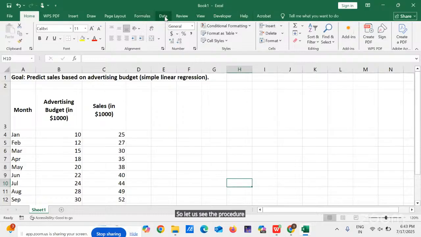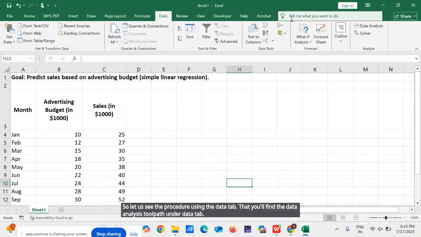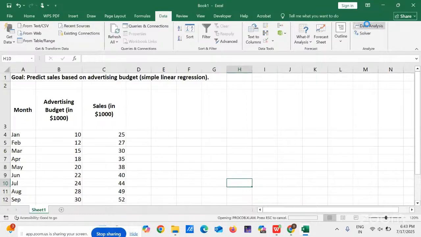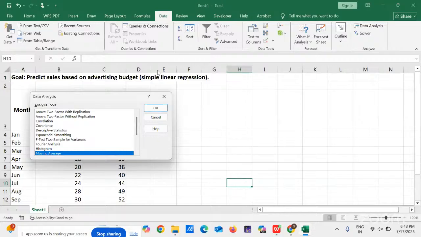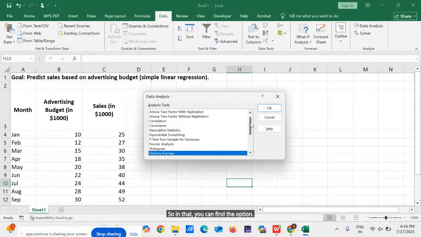Using the Data tab, you will find the Data Analysis ToolPak under the Data tab. In that you can find the option Regression.